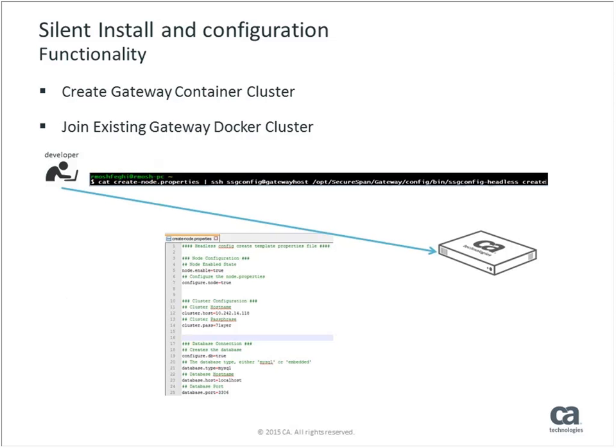It's a very simple key-value base, and you can feed that into the gateway over SSH as it comes up, and after that you can do functionality like create a gateway cluster and also take a gateway node and have it join an existing cluster. This is what's sitting inside the Docker container. The way that we feed information into the containers is via environment variables, which is a very Docker-ish way of doing things, but underneath the covers we're using this functionality, and it's exciting because it can be used elsewhere as well.